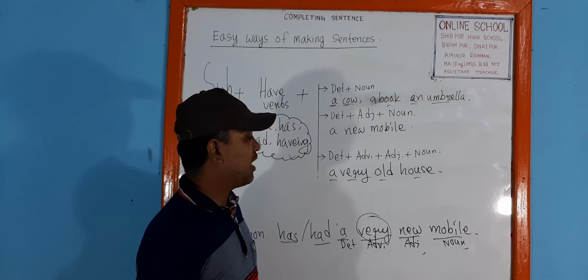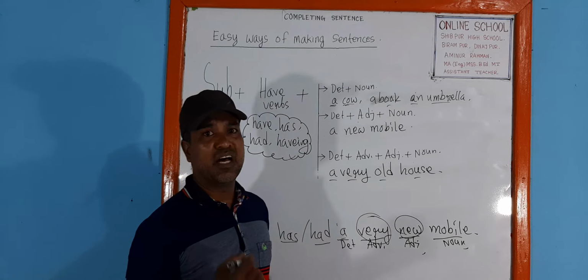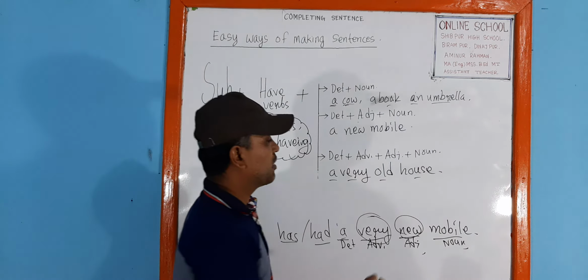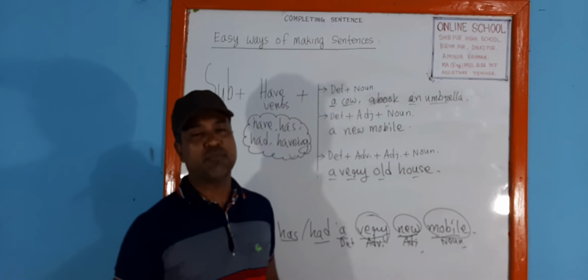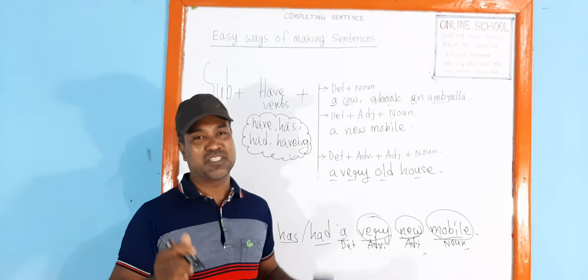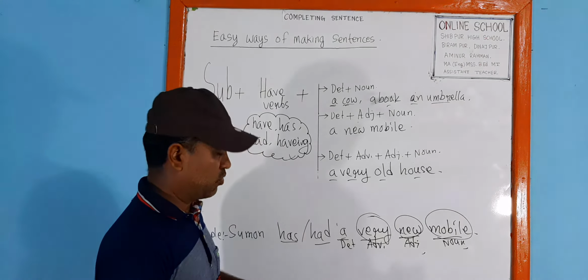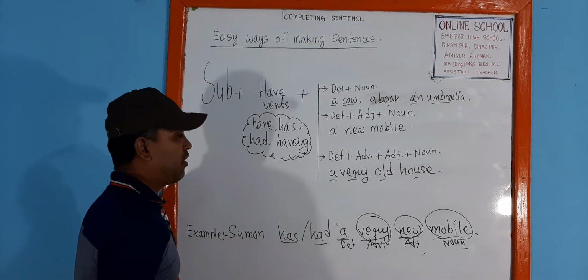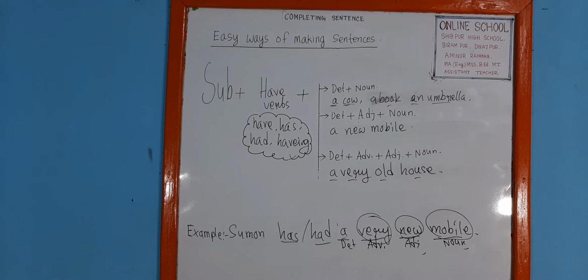Okay, and at the place of new, we can set up a lot of adjectives. And in the place of noun, we can also set up a lot of nouns. Using this type of structures, we can make so many sentences very easily and very perfectly. So dear students, try to remember the rules. Now I am discussing with you another rule. Please try to concentrate on my class.